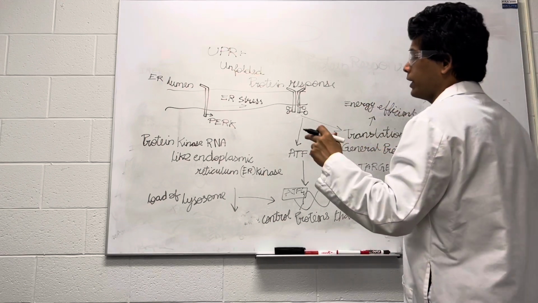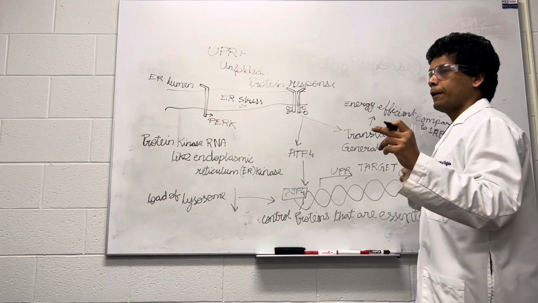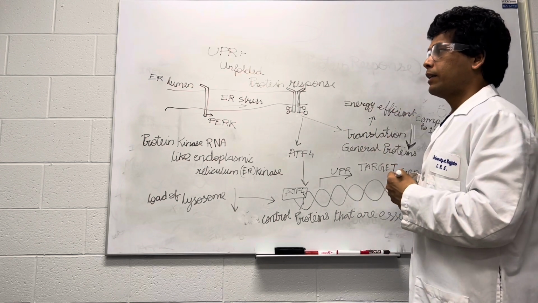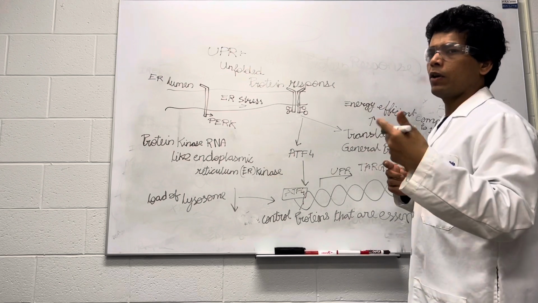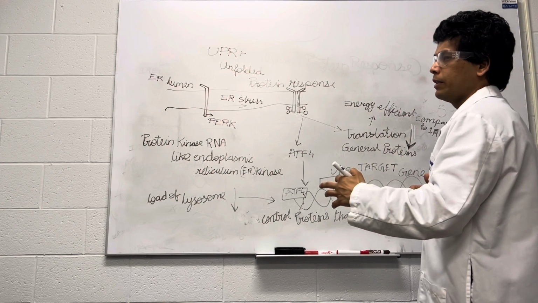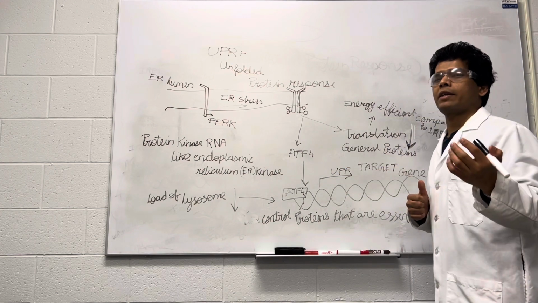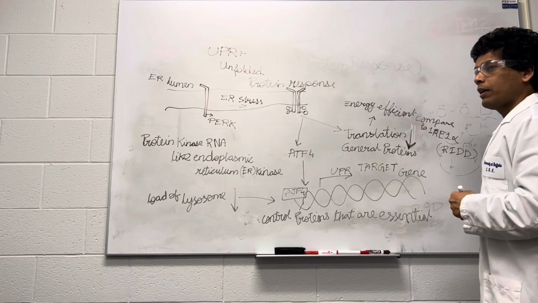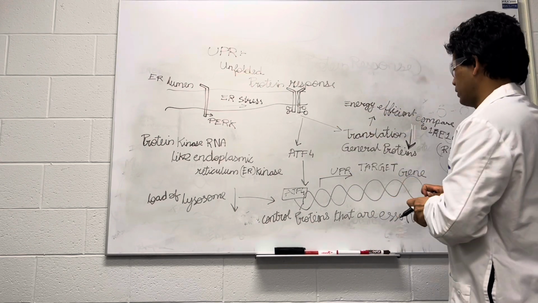However, one thing I forgot to mention about IRE1 alpha: if ER stress is observed for a long duration, the cell will consider it a new normal, and IRE1 alpha will get turned off after a certain period of time.